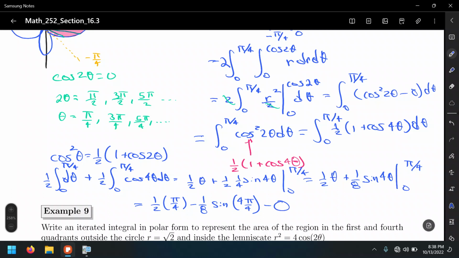And well, again, these 4's cancel, leaving us with the sine of pi. What's the sine of pi as well? Isn't it also 0? So final answer, pi over 8.